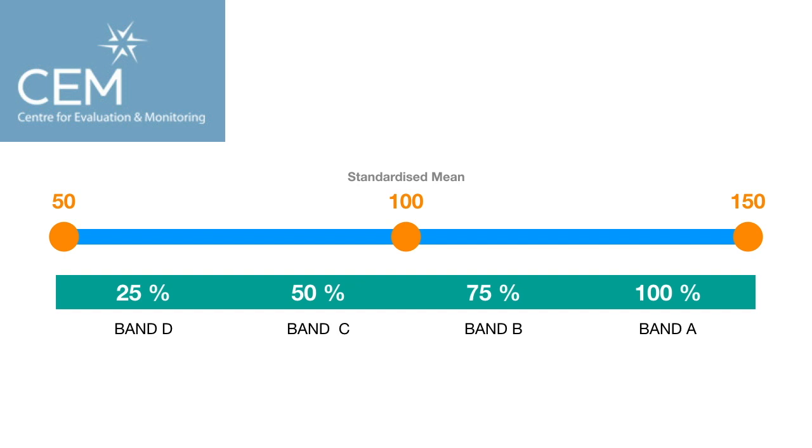So the bottom 25% in any of those 4 or 3 batteries would be placed in band D. The top 25% would be placed in band A. Each child is also given an overall score where you take all of those batteries together, and again they would be assigned band D, band C, band B, or band A.